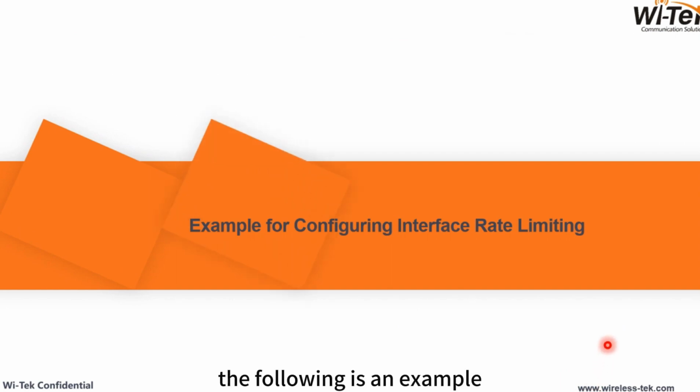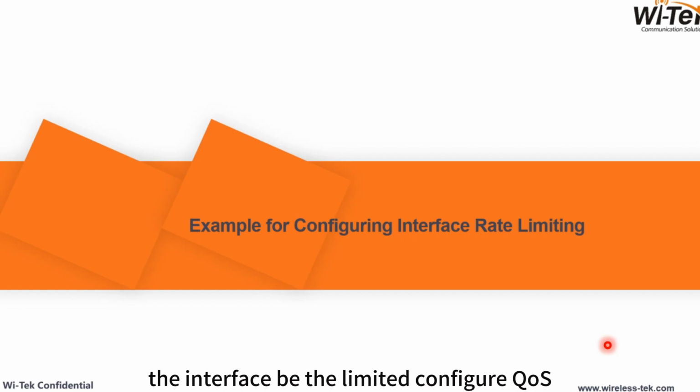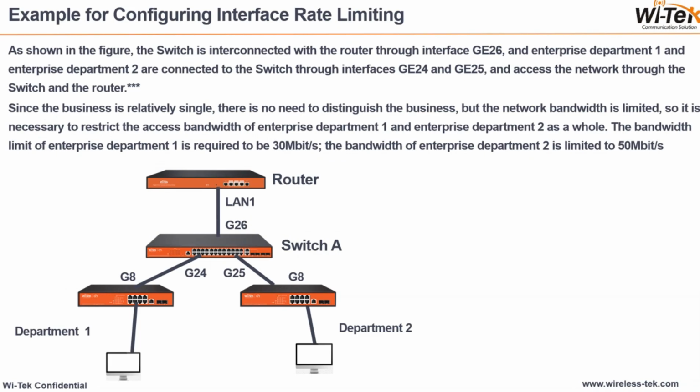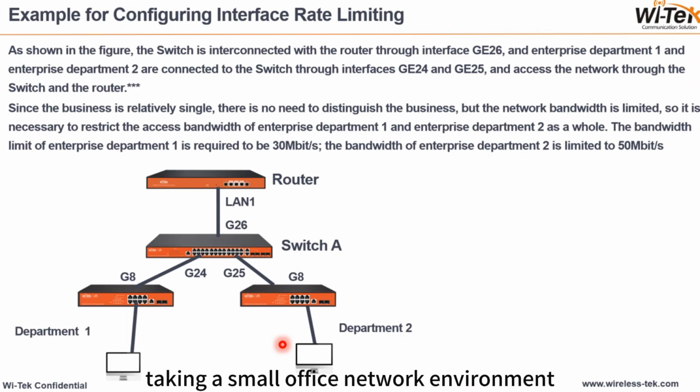The following is an example of how to use the interface speed limit to configure QoS. This is an example terminal connection diagram taking a small office network environment as an example to build a three-layer network structure.